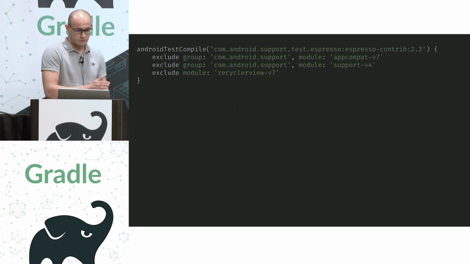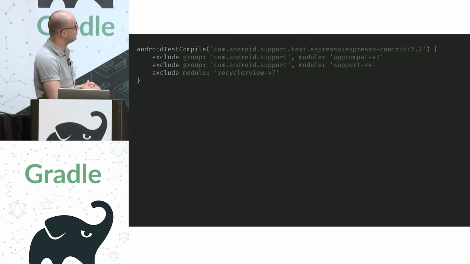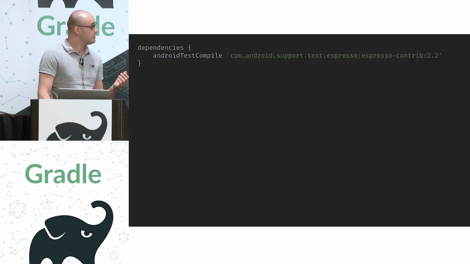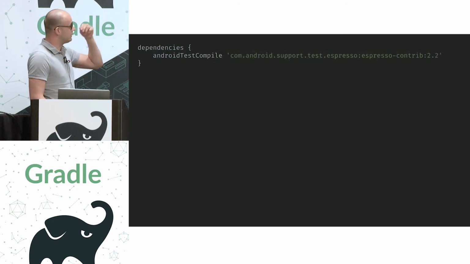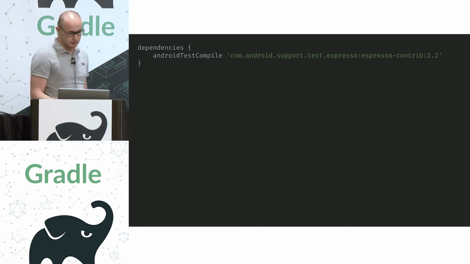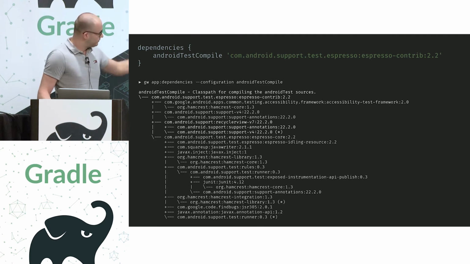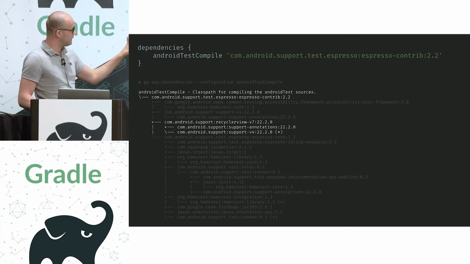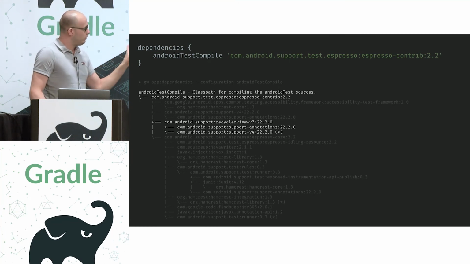Okay, and then the exclusions. So what happens if we depend on Android test compile, in Android test compile configuration, on Espresso contrib? It depends on lots of other dependencies, and among them we can find recycler view, support annotations, and support v4, all with version 22.2.0.